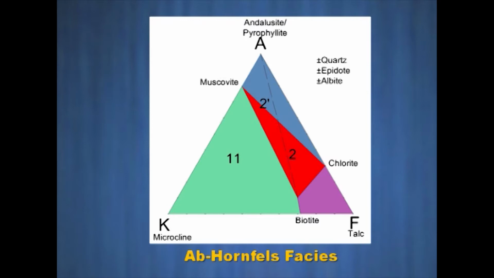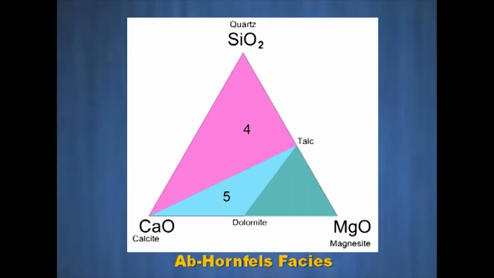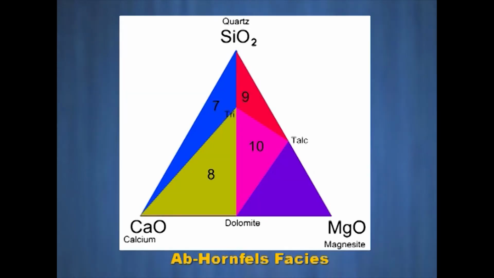The possible additional phases are quartz, epidote and albite. Figure 3, the CaO, MgO and SiO2 diagram, mainly for the calcareous assemblages, where we can see the different phase assemblages in derivative of silicate, dolomitic, limestone composition to the left broken lines.